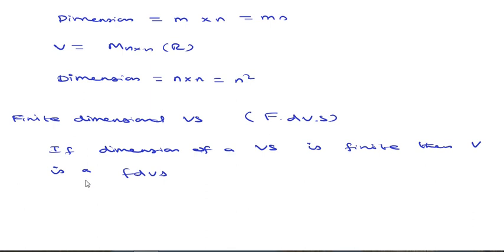So all the above examples have finite dimension, therefore these vector spaces are finite dimensional vector spaces.